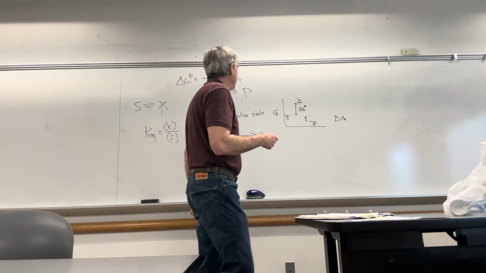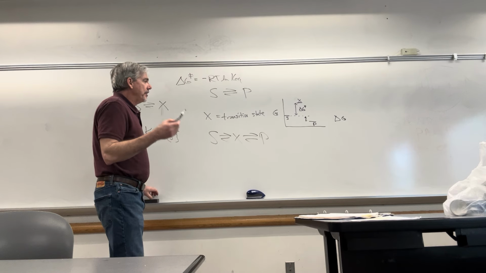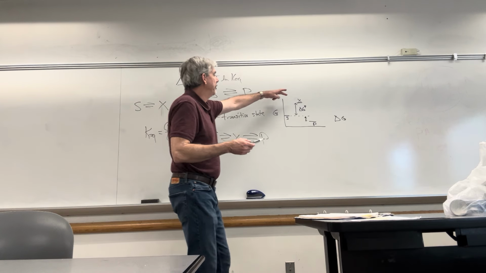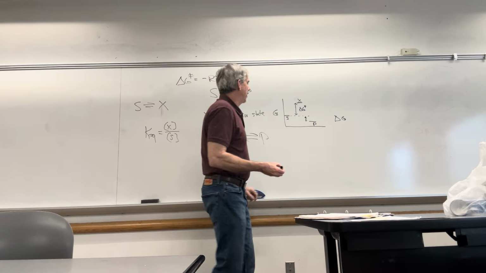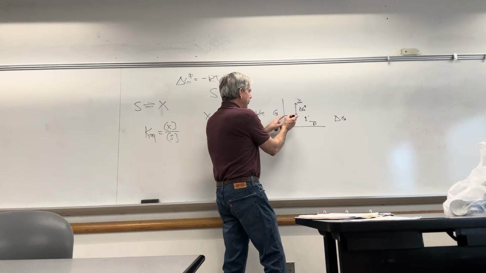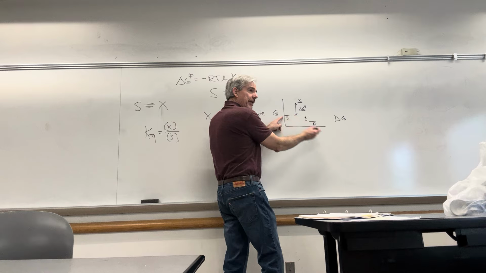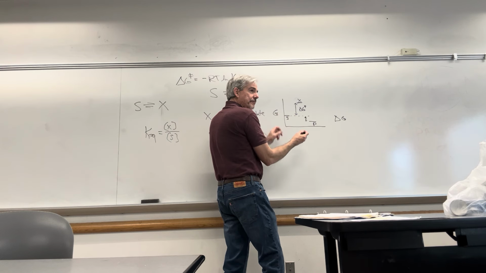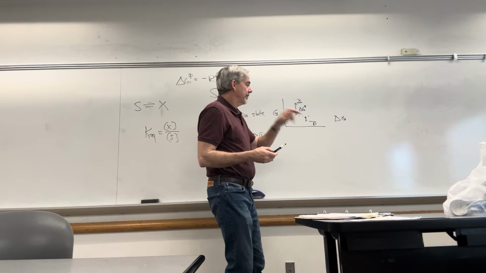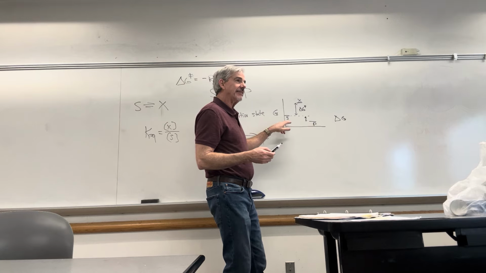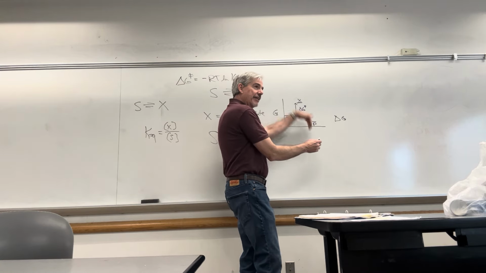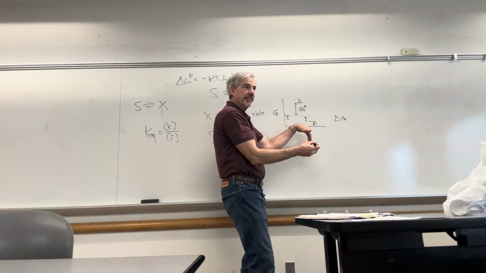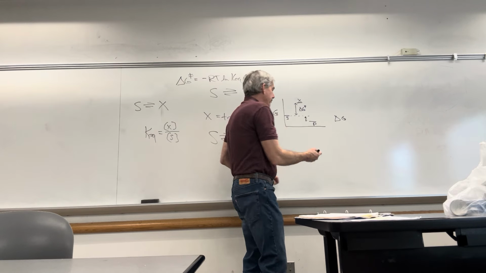Okay, and the one thing to keep in mind, the transition state energy is always the highest. So the relationship between the substrate and product can be either way. If the product has less free energy than the substrate, then there's a negative delta G and the reaction is favorable.